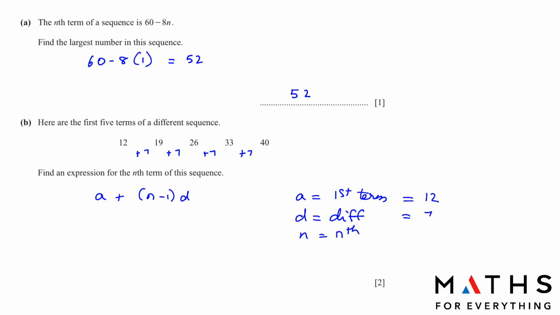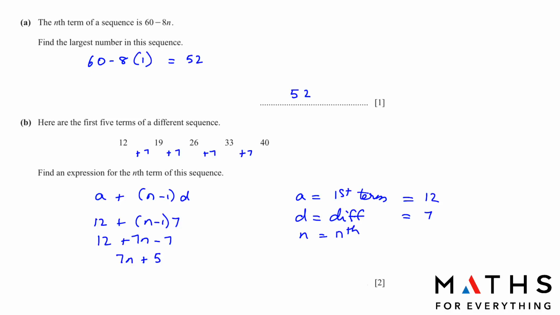The difference is 7. We replace it, expand the bracket, subtract the like terms, so 12 minus 7. So we have 7n plus 5.